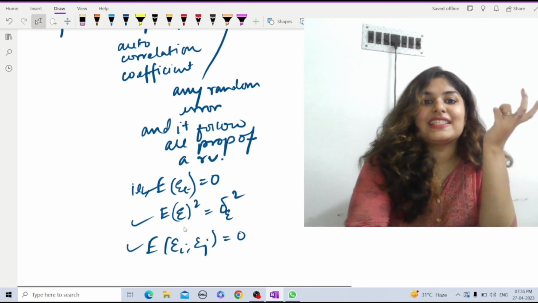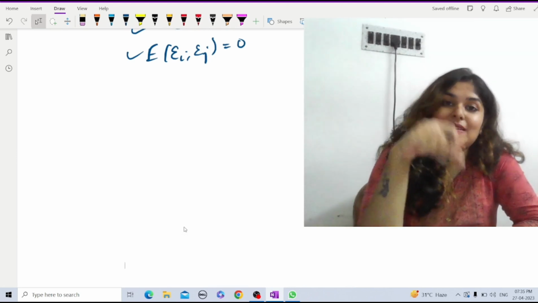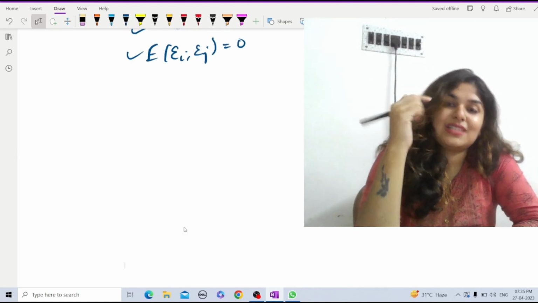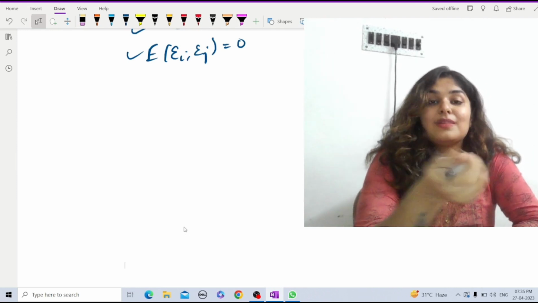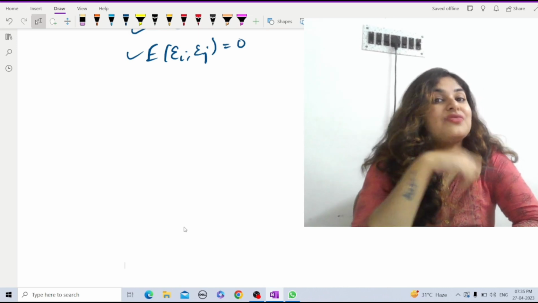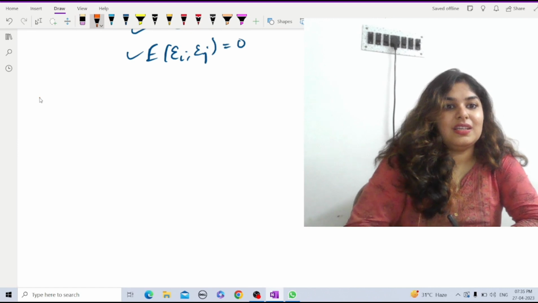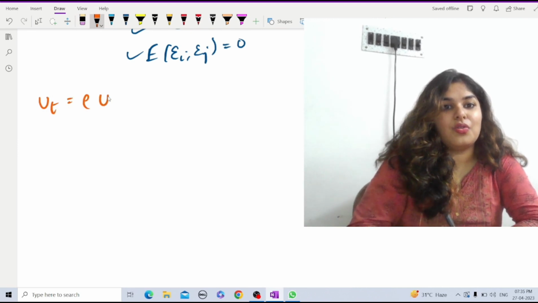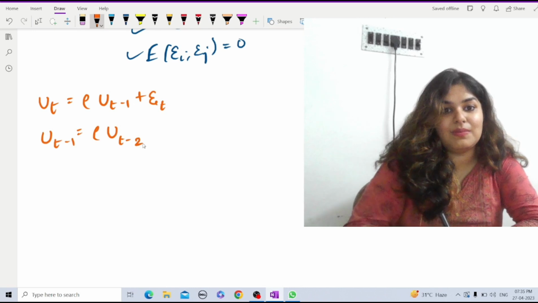Now let us see one more thing. Since we know that the present period error term is autocorrelated with the disturbance term of the preceding period, likewise we can write down the following equations. For period t, ut is equal to rho ut minus 1 plus epsilon t, then for period t minus 1, ut minus 1 is rho times ut minus 2 plus epsilon t minus 1.